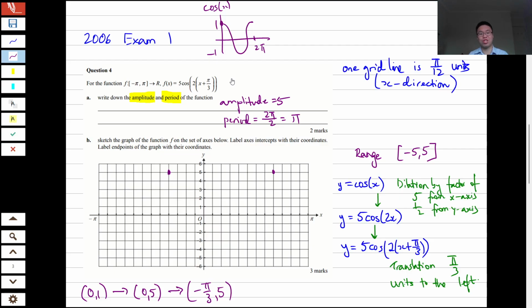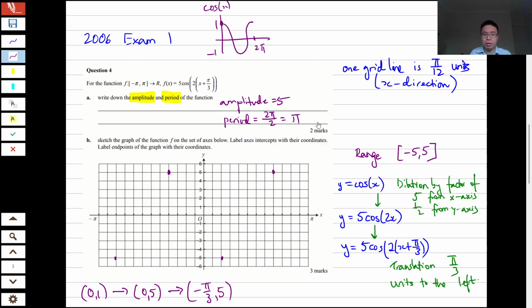So if I go across 6 grid lines from either side, I should now get down to my minimum value. And then if I go across pi units, get the same thing. You see how I've gotten these points on the graph without really having to do any substitution. I've just done transformations. Okay?